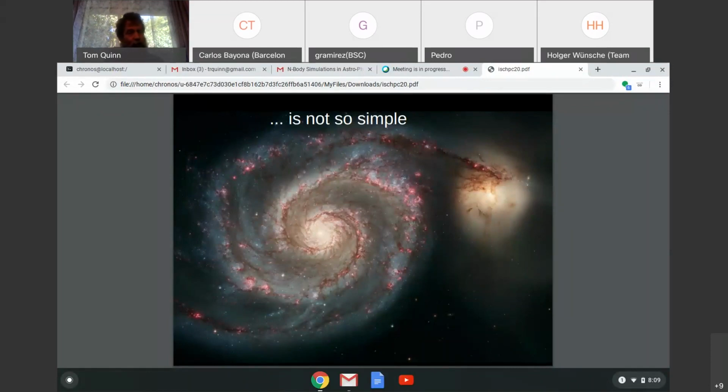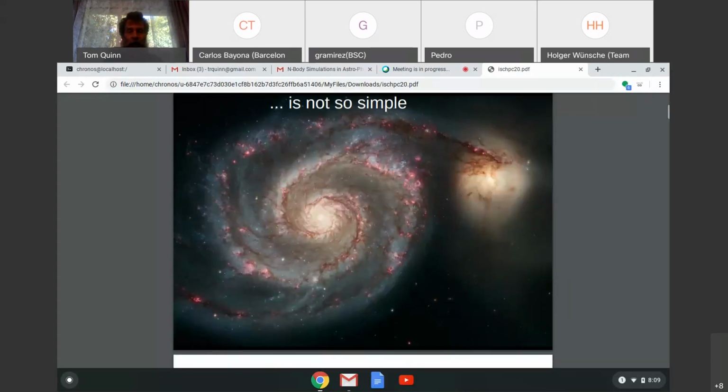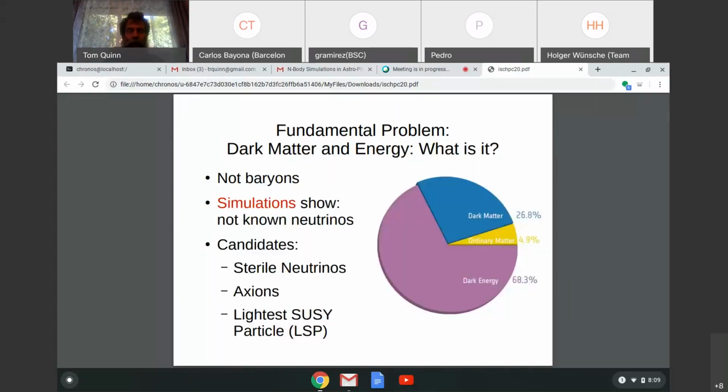So the point here is that this is very different than the picture of the early universe that I talked about. Lots of nonlinear physics going on. And so what are the science questions we're trying to answer in simulating the formation of these galaxies?